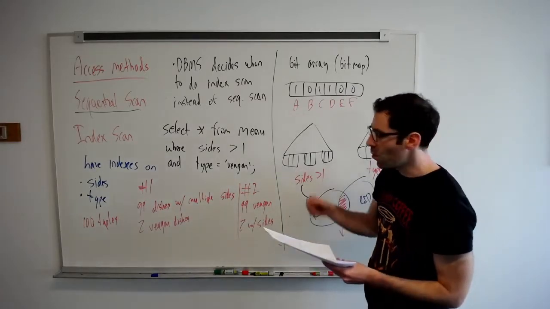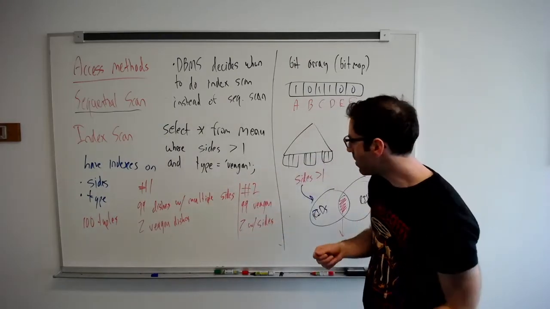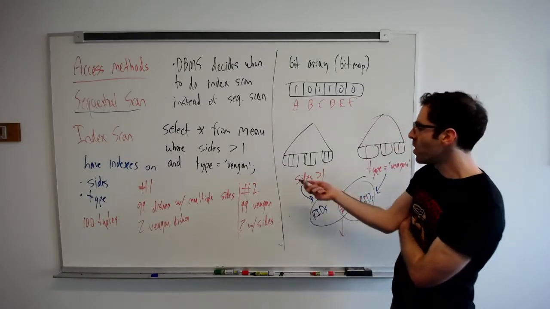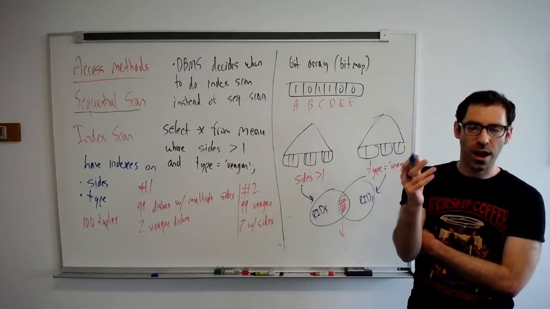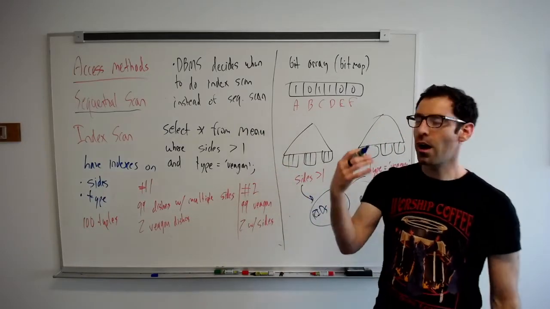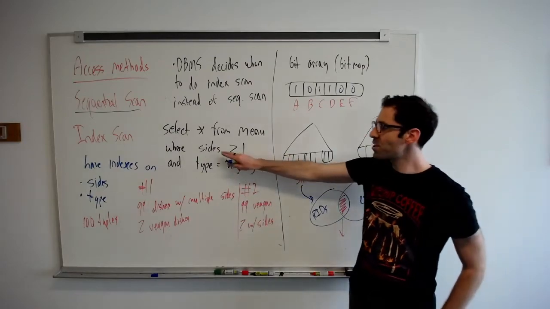And one amusing anecdote about that is that imagine that we have a query that is scanning through the sides, and we're updating our menu, we're making our restaurant all about maximum sides.